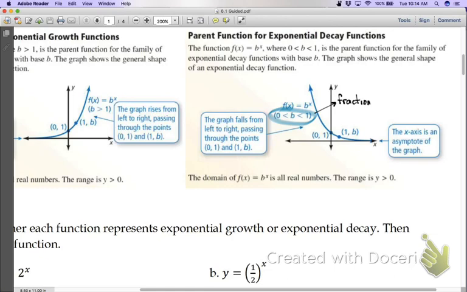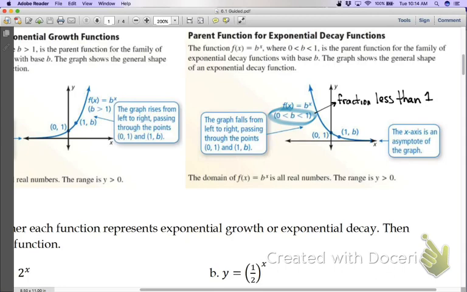It's a fraction less than 1. 1/2, 1/3, 3/4, 2/3, 11/12. If it's less than 1 and it's a fraction, it's going to be exponential decay. It is losing value. Okay? The plane is losing altitude, and it's coming in for a landing.